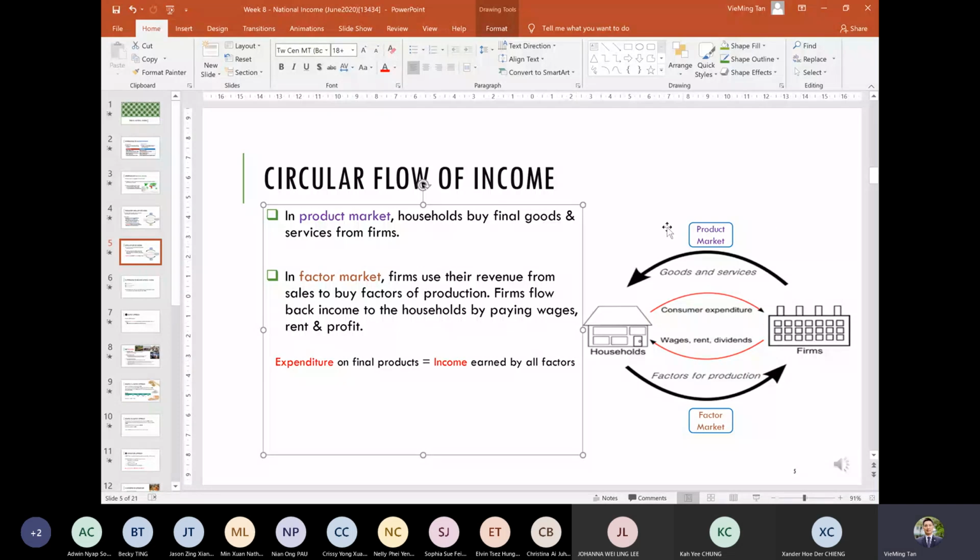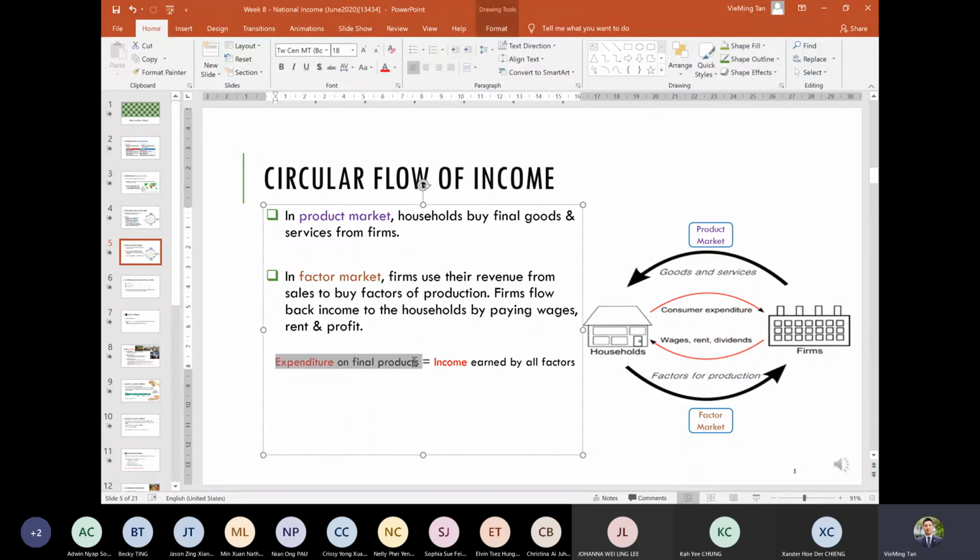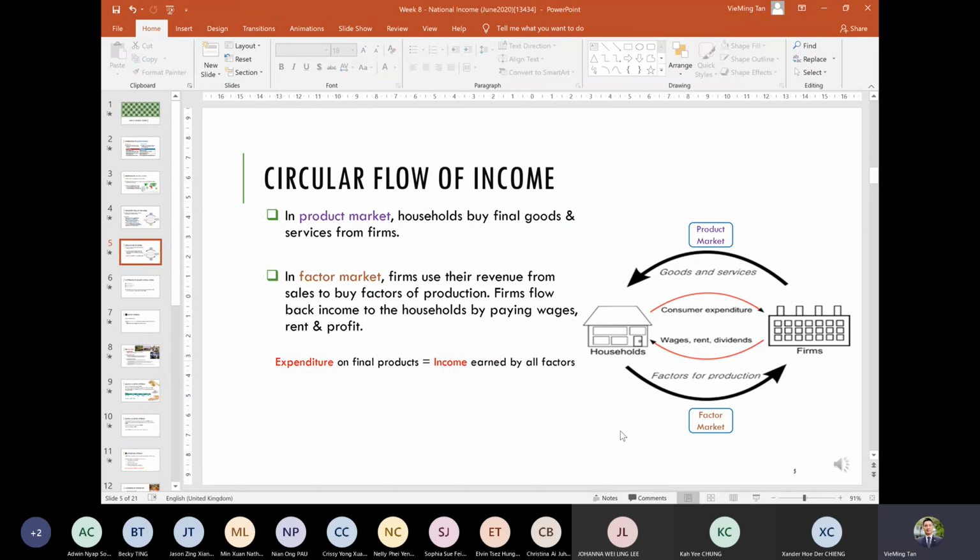So in short, this model explains why the total expenditure in a country is equal to the total income of the country. Any questions so far?